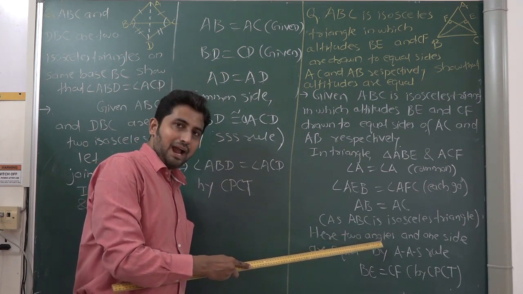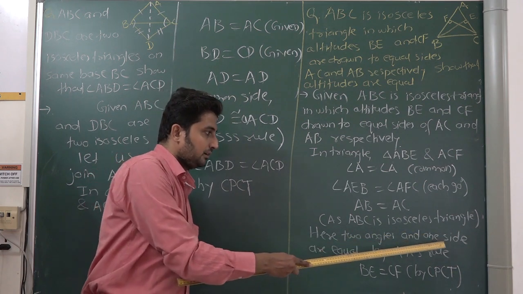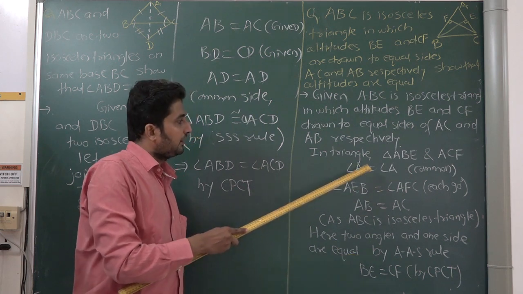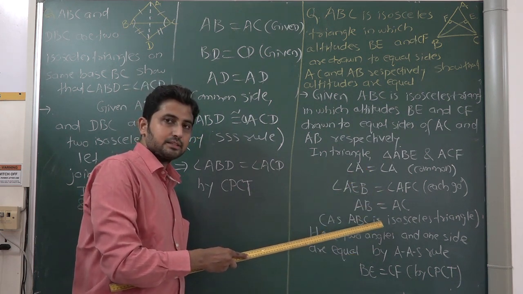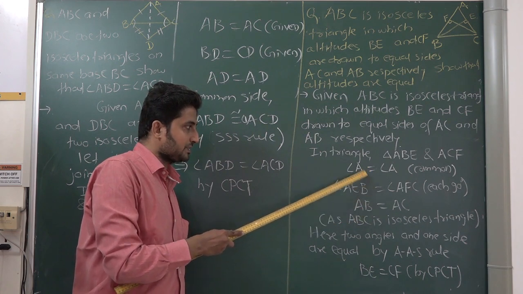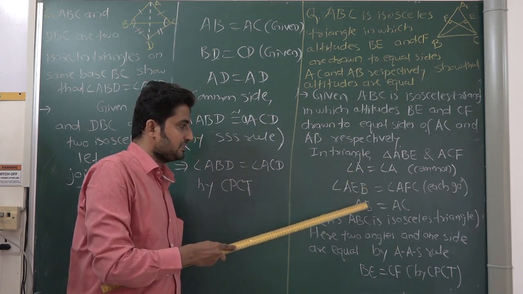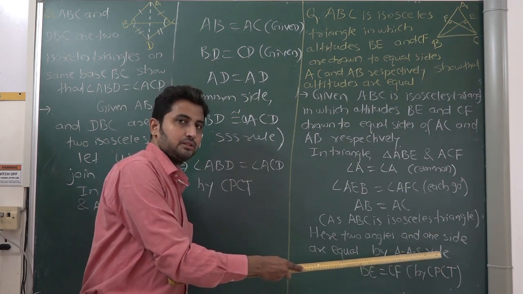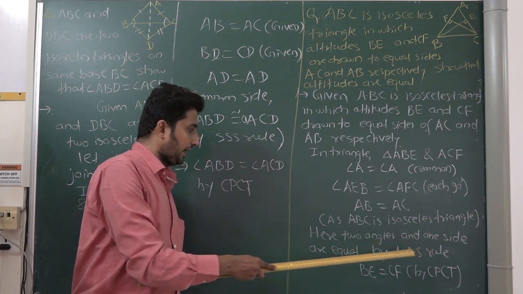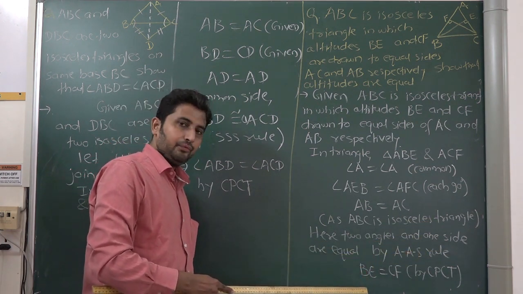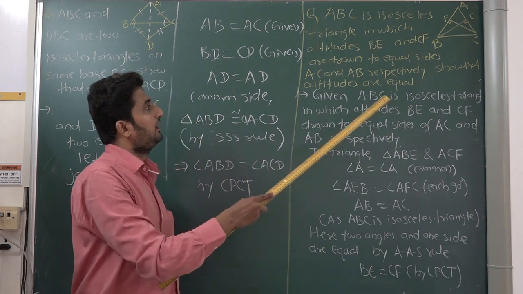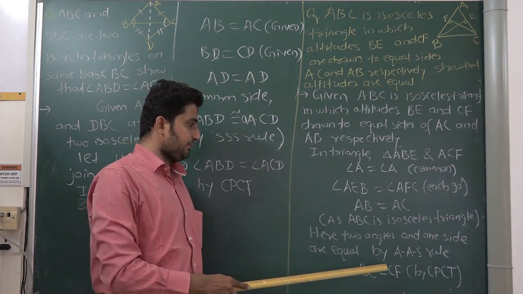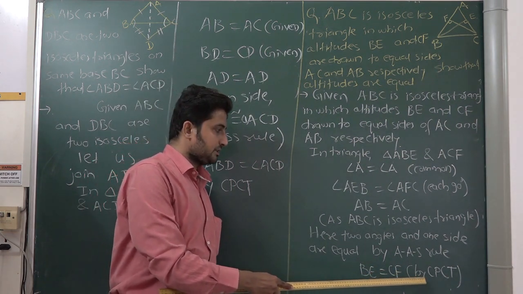Here two angles and one side are equal. By using the angle-angle-side congruency rule, we may say that BE equals CF, by use of CPCT.